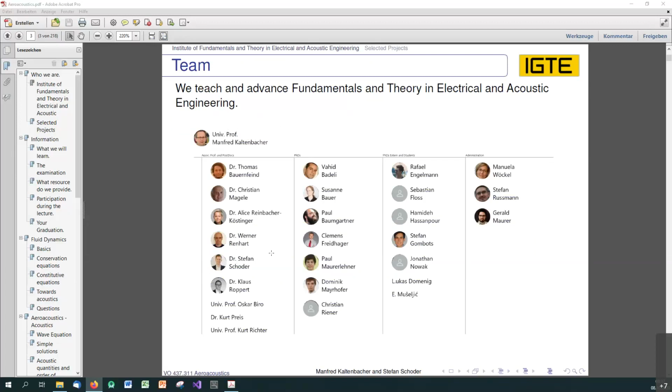And I'm very happy that I have so many participants, because I think it's especially important for electrical engineers to get a grip on aeroacoustics or acoustics and NVH topics itself, because electrification of cars is pushing forward, and you don't have this masking engine noise anymore, and it will play a dominant role for the car manufacturers in the future to deal with this topic.